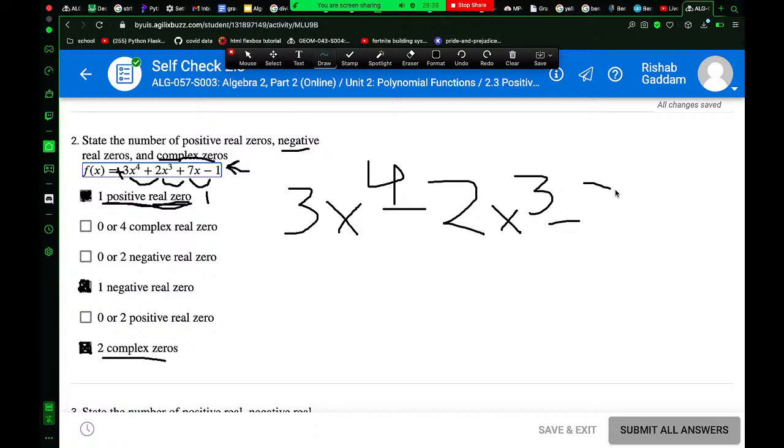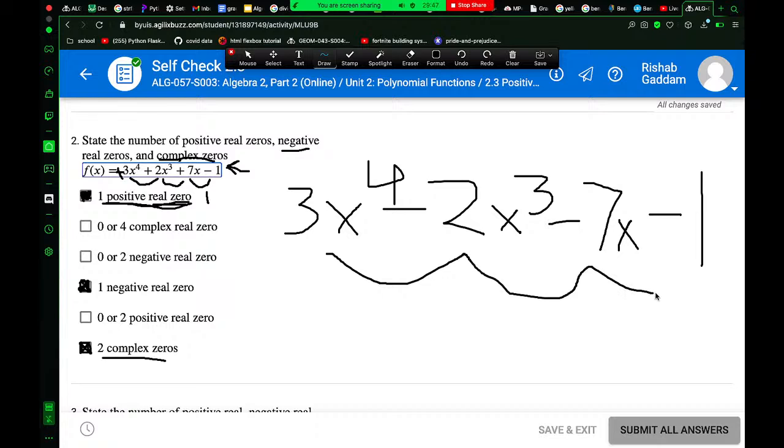Okay. But how did you figure out the negative zeros? For the negative zeros, I kind of did the same thing. You already gave me how many positive zeros there are, so I just solved the negative one.